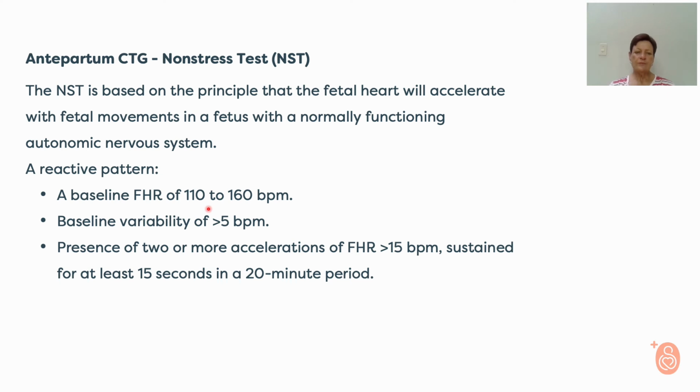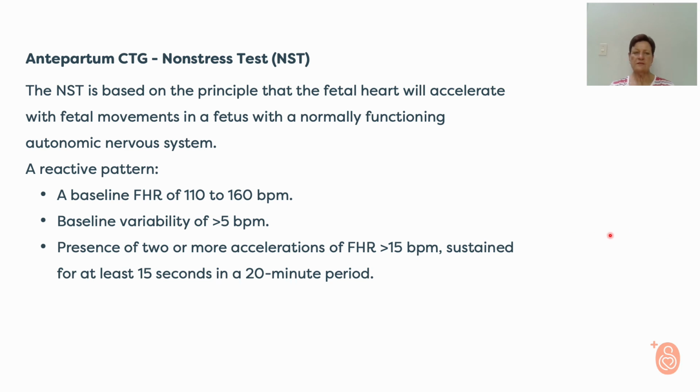And then the third very important thing here, the presence of accelerations together with fetal movements. We usually look for 2 or more accelerations of more than 15 beats per minute over a 20-minute period. So we look for accelerations that are more than 15 beats per minute for longer than 15 seconds.